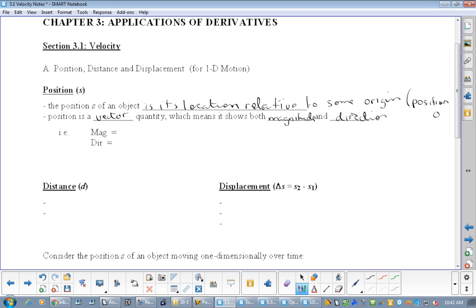So our magnitude is how far the object is from the origin, and direction is shown by the sign of the number.